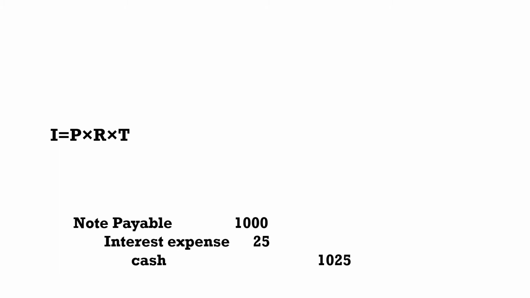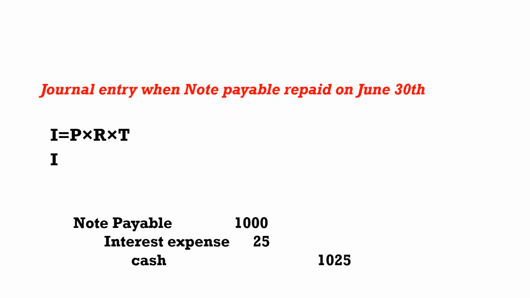The cash, even for an individual, is what leaves the bank when paying off that debt after 6 months, so you lose 25 to the bank, depending on what you were using the money for. Maybe it has given you more money, so it depends. So that's how the journal entry looks when a note payable is repaid.